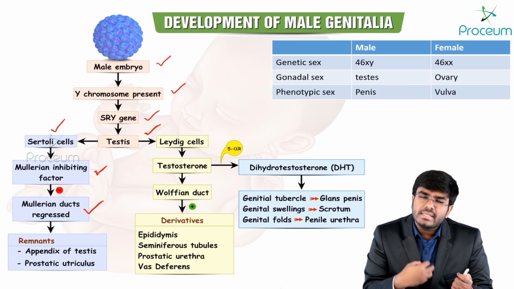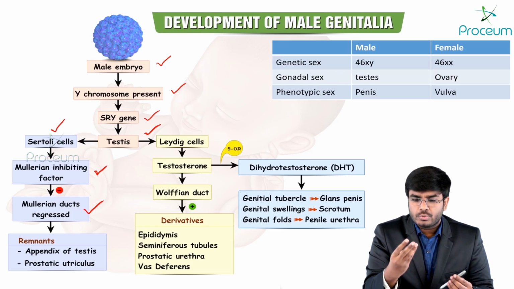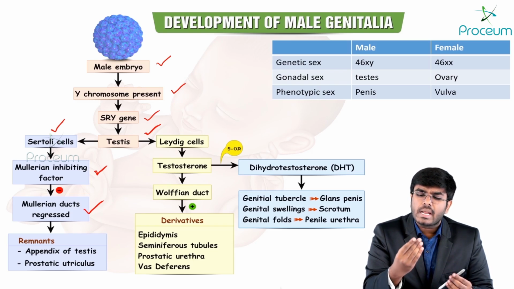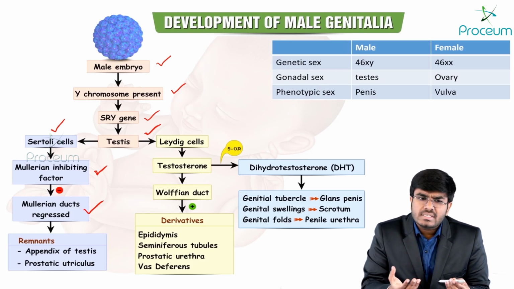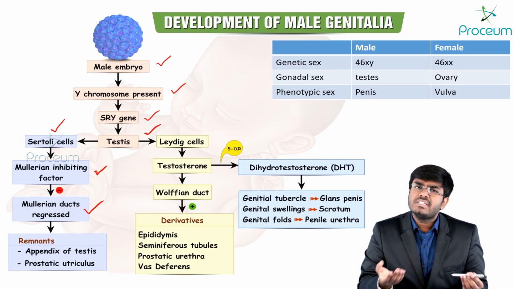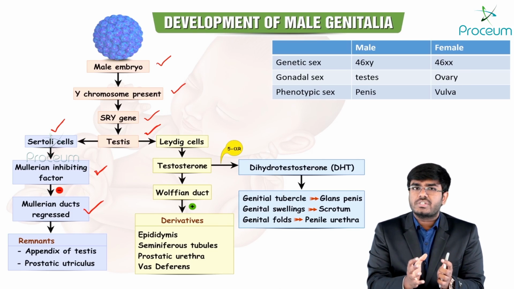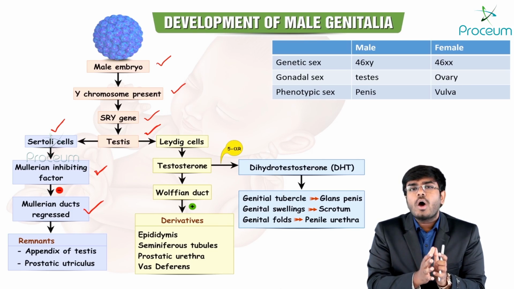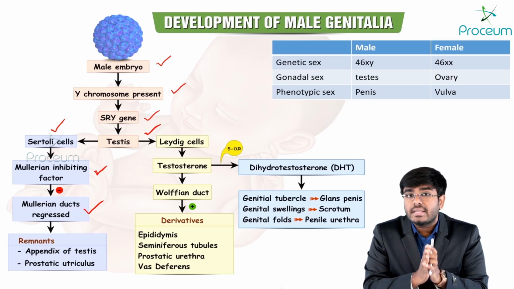So Mullerian duct derivatives like uterus, fallopian tube, cervix and upper two-thirds of vagina are not going to develop in a male fetus. Why would a male require these? Male does not require all these structures. So these structures are not formed because the Mullerian ducts are regressed.